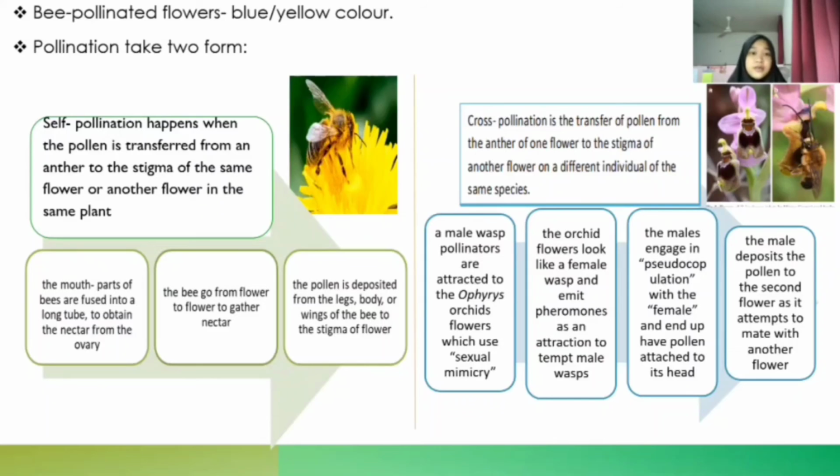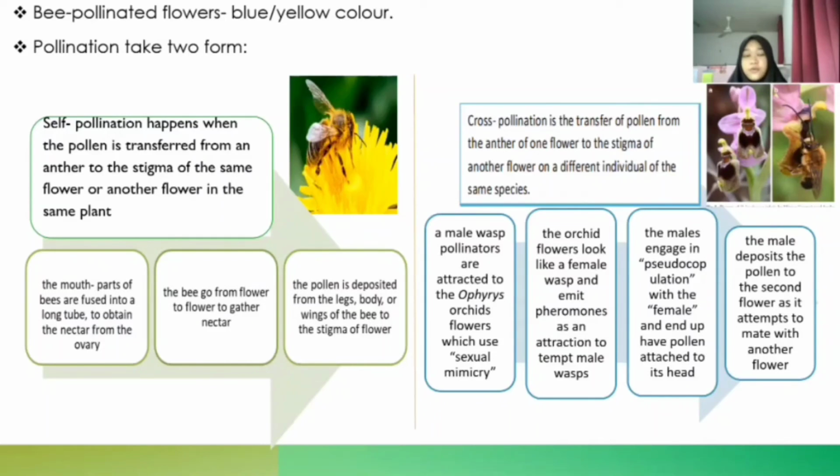So for the bee-pollinated flowers, the bees approach the flower for the beautiful colors of the petals and the tempting nectar. The process is that when the bee approaches the flower, the mouth is fused into a long tube to obtain the nectar from the ovary.